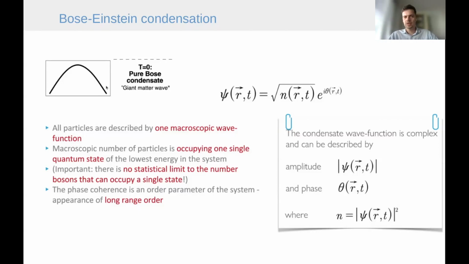So whenever we measure coherence correlation between particles, let's say in this part of the system and this part of the system, there will be a non-zero coherence between them.